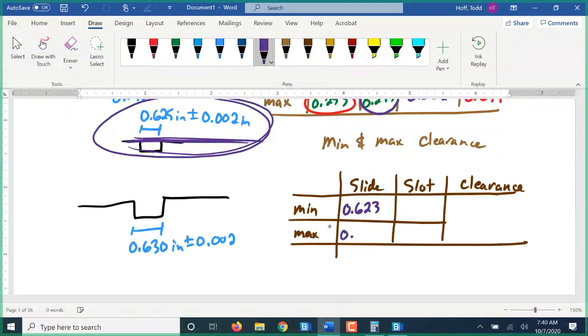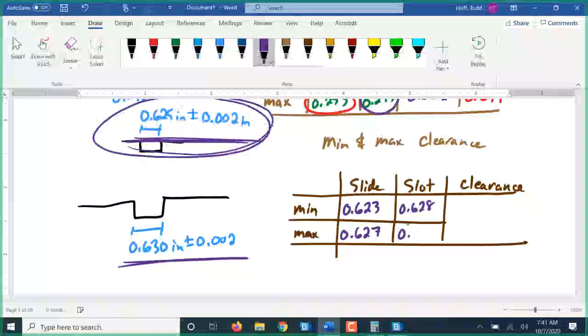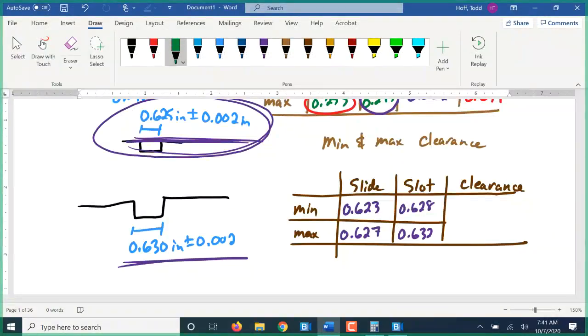What's the maximum width of that slide? 0.627. Good. For the slot, what is the minimum width? 0.628. And the maximum? 0.632. So for our clearance, the minimum clearance comes when the slide is large and the slot is small.